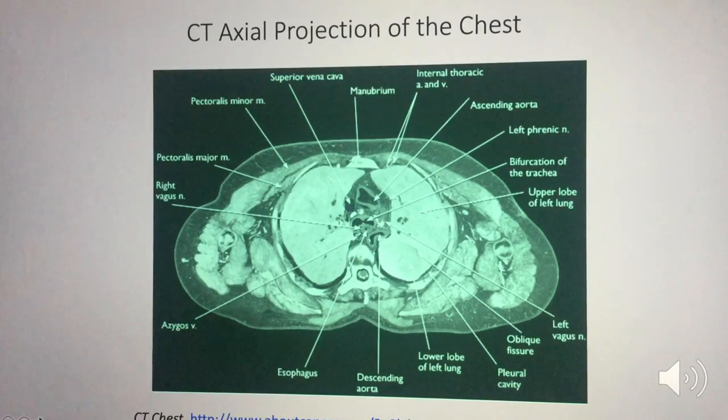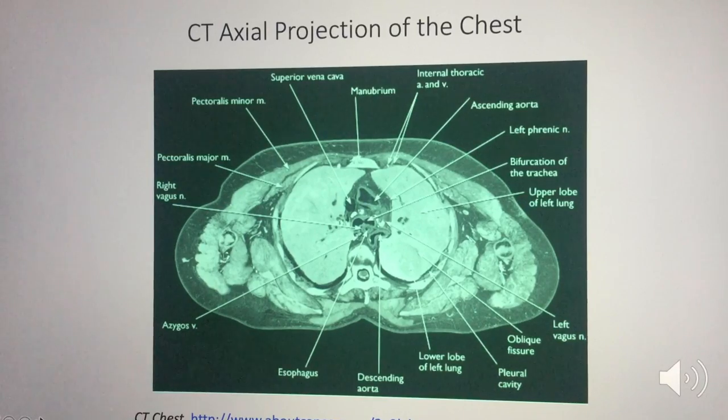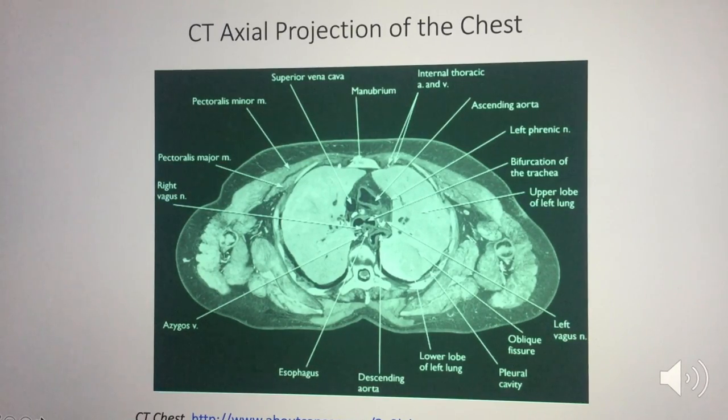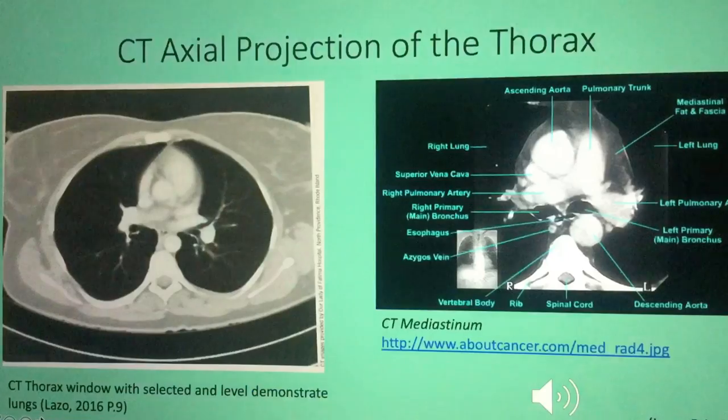This is an anatomy image label of the chest. This image was for visualizing the lungs and mediastinum on the axial plane, but I'm going to change to see other examples of windowing. This is an image on your left side of the thorax with window width selected and labeled, and it is demonstrating the lungs.